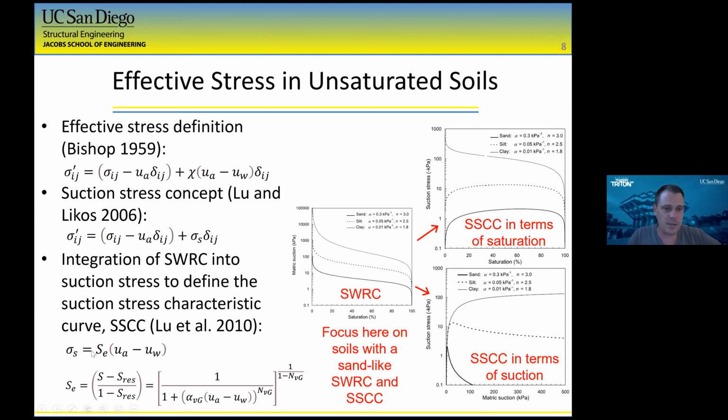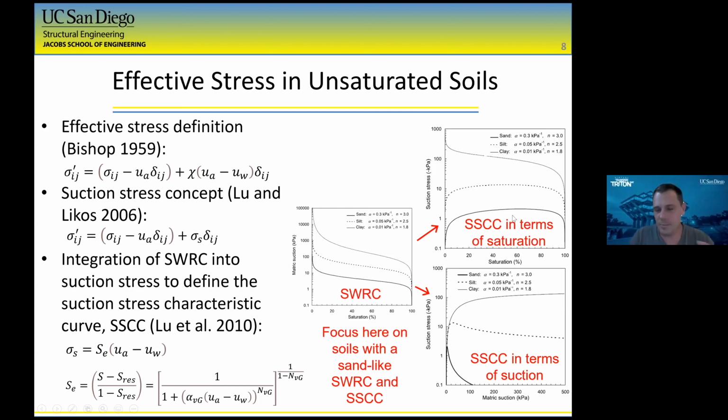If you make some key assumptions on the suction stress, you're able to integrate this soil retention curve equation down here into the effective stress equation and show how this suction stress parameter is going to vary with the degree of saturation. So we're going to be focusing on the sandy type materials that have a suction stress characteristic curve that will increase and decrease.